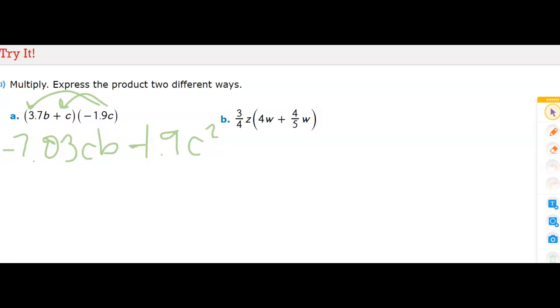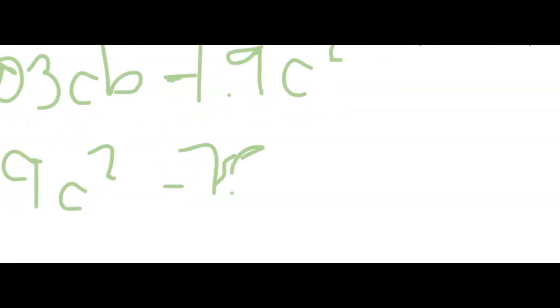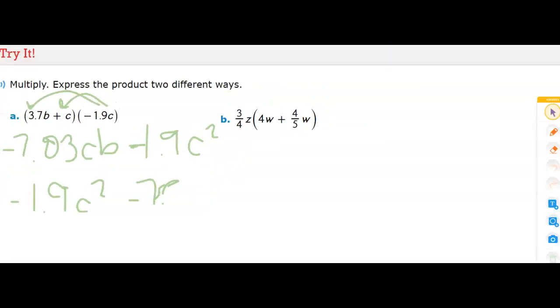So you could have written it as negative 1 9/10 C squared minus 7 and 3/100 C, B. Sorry about the zooming. And that's another way to write that.